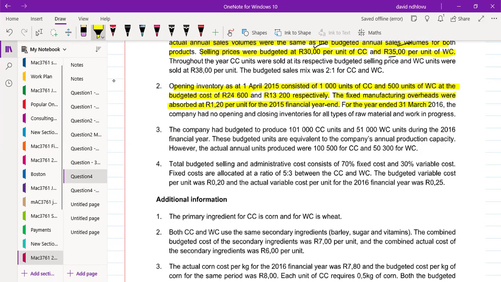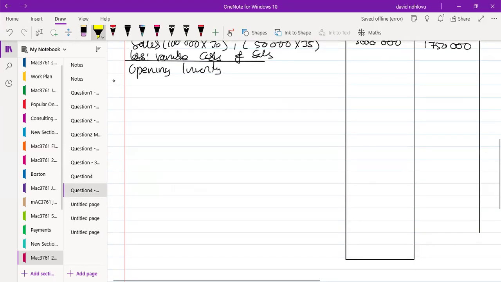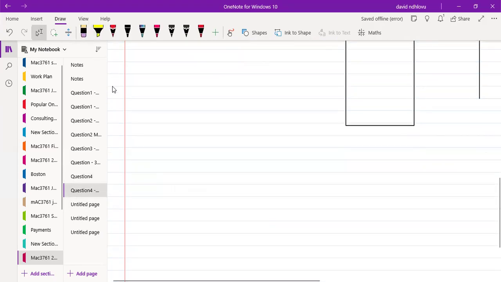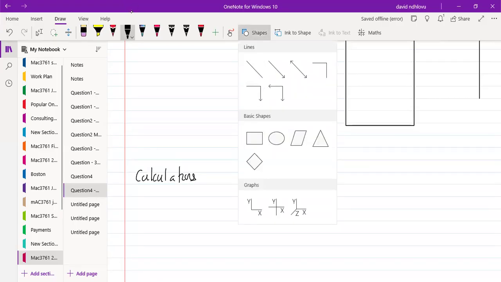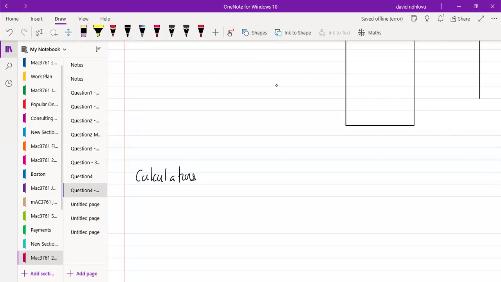For the year ended 31 March of the year 2016, the company had no opening or closing inventory of any type and work in progress. Right, so we need to calculate the values of opening inventory per product type. What should we do in light of the fact that the figures given are absorption costing, but we want variable costing?